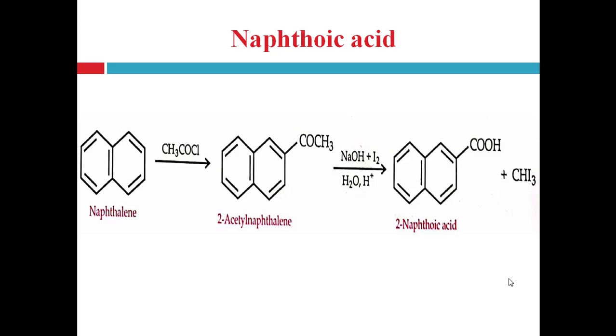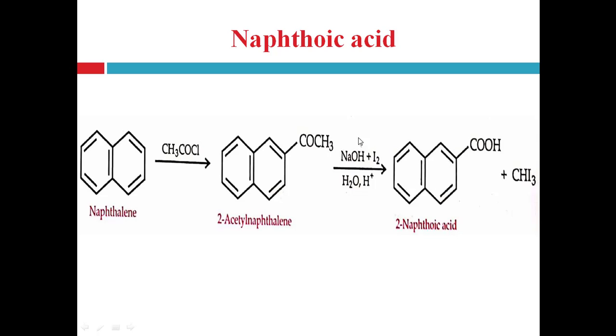In this reaction, first of all, naphthalene undergoes an electrophilic aromatic substitution reaction, that is the Friedel-Crafts acylation. Naphthalene reacts with acetyl chloride, CH3COCl, and causes the acylation of the naphthalene ring, and forms 2-acetyl naphthalene. Now this 2-acetyl naphthalene reacts with NaOH and iodine and undergoes hydrolysis, acid hydrolysis, and forms 2-naphthoic acid.